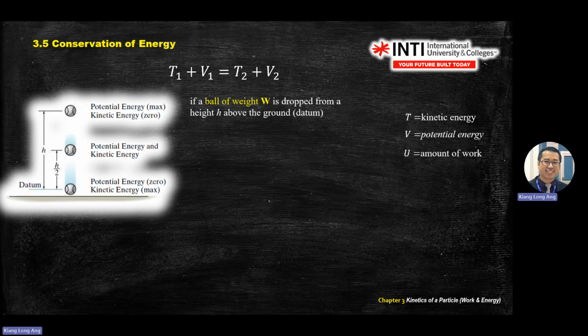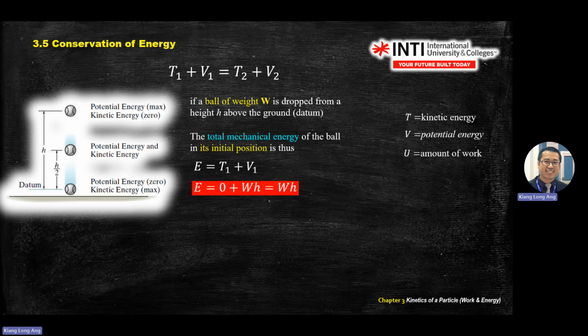This one is just to prove whether the energy is the same. For example, the energy at position 1: kinetic energy is 0, but you have potential energy at a certain h. Your datum is here, and this is above the datum, so positive mgh, positive potential. So at the first position it is 0, it doesn't move, plus mgh. The energy at this location is Wh or mgh.